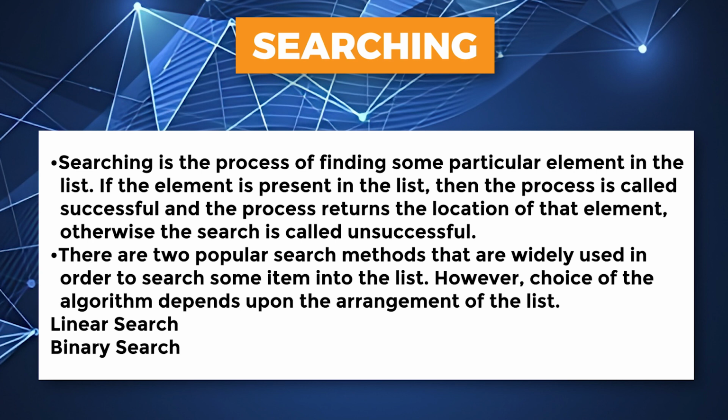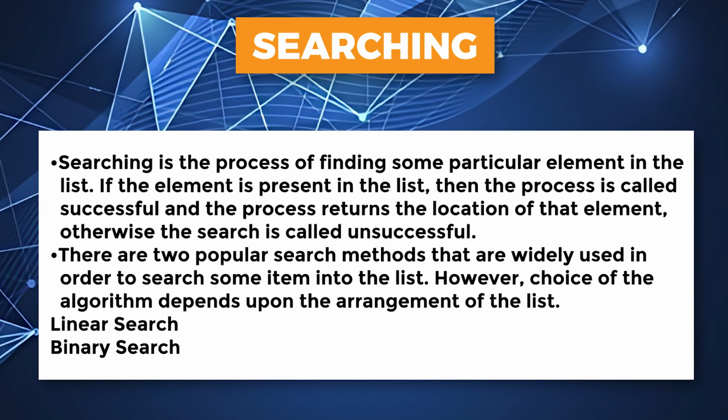That is called a successful operation. Otherwise, the search is called unsuccessful. Suppose the item is not present in the list, and your pointer starts from the beginning position and runs to the end position, and the item is not available in that particular list. So, you can say your searching is unsuccessful, or we can say the failure of the operation.